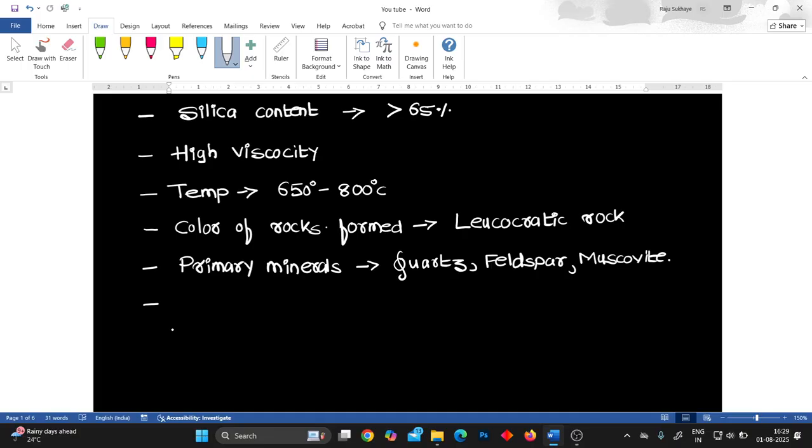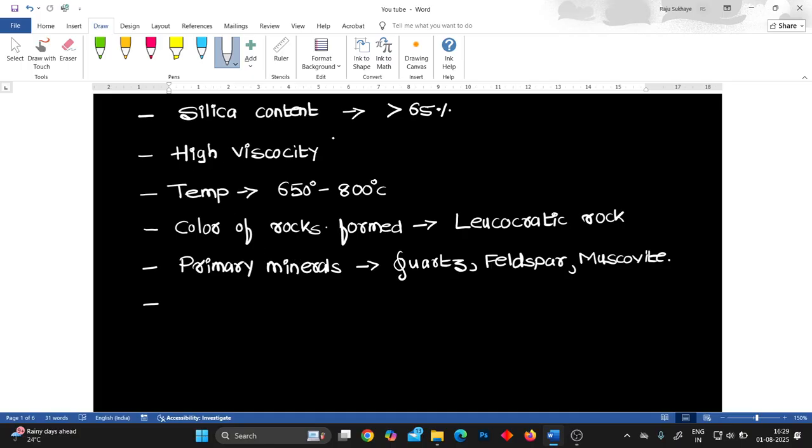So apart from that, what are the other different properties of this acidic magma? Okay, so again, as we have discussed, this particular magma consists of dissolved gases. So these gases are even present in this particular acidic magma.